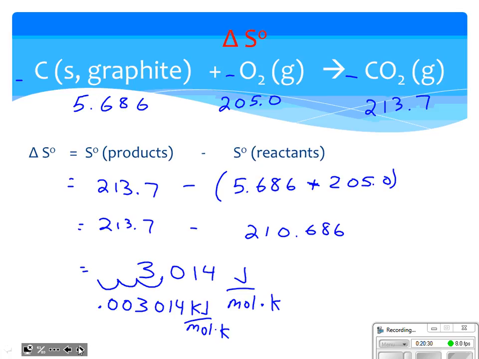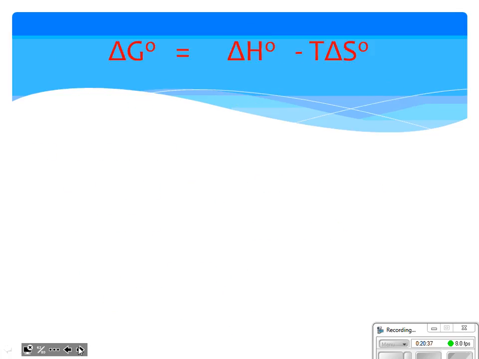Now, I'm not done yet. I'm not done yet because I've got all the values I need now. I've just got to bring them back into my Gibbs-Helmholtz equation.